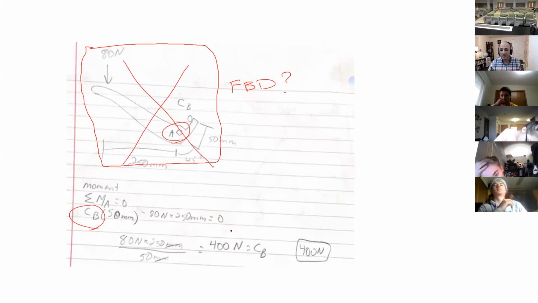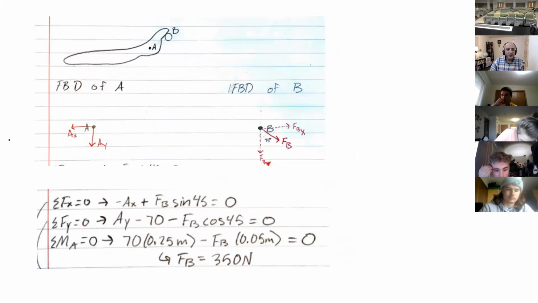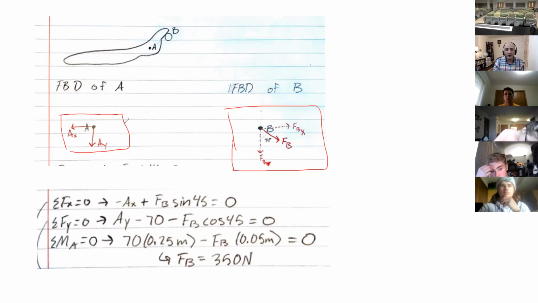Here's another issue that some people run into. Same as before, pin A, pin B. This person, I think, tried to solve these two together. If they're together, they need to be on a member.